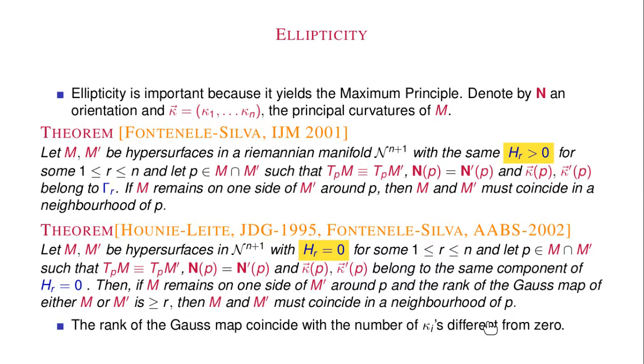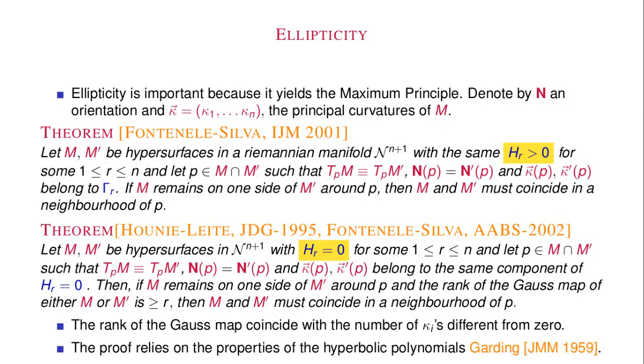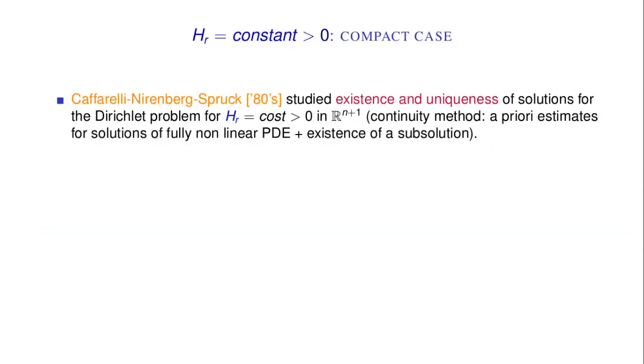This assumption that the rank of the Gauss map is greater or equal than r means that there are at least r of the κ_i that are different from 0. And the proof of these two maximum principles relies heavily on the properties of the hyperbolic polynomials that were studied by Gårding a long time ago.